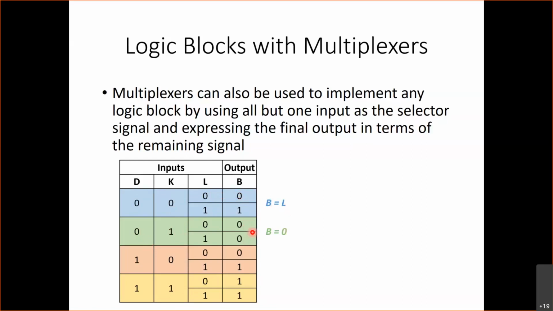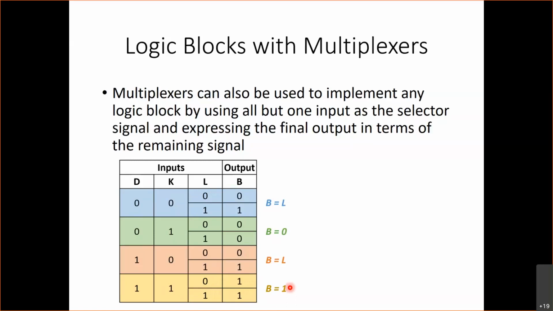So here B is equal to 0. When D and K are 1, 0, then in this case, again, when L is 0, 1, B is 0, 1. So here B is equal to L. And when D and K are 1, 1, we'll notice that B is 1 regardless of the value of L. So here B is equal to 1.